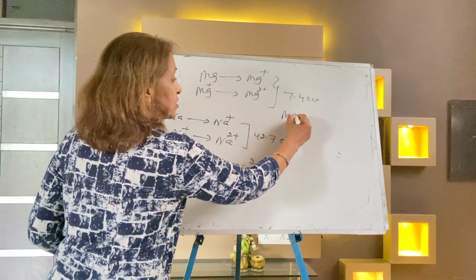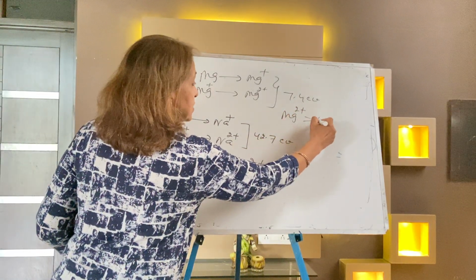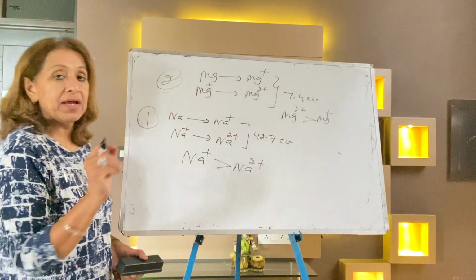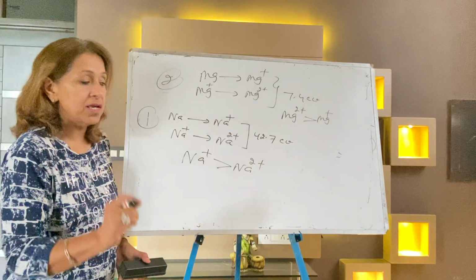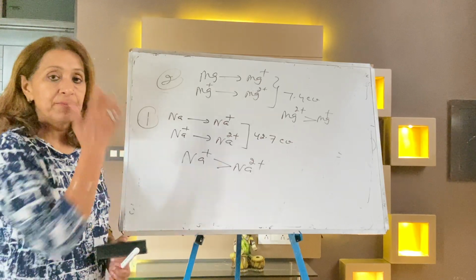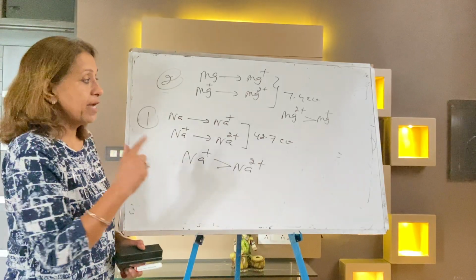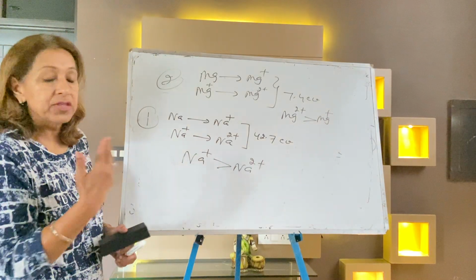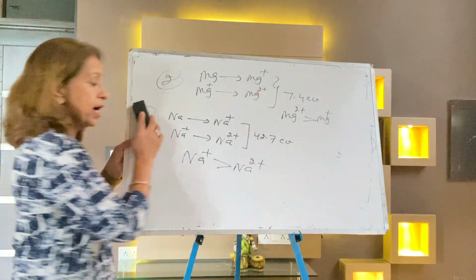That's the reason the higher state is stable: Mg2+ is greater than Mg+. So always mark a line: if the difference between the IE is less than 11 electron volt, then higher states are stable. But if the difference is greater, then always the lower states are stable.